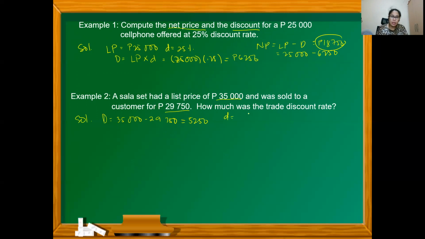So the discount rate is equal to the discount, 5,250, divided by the list price, 29,750. Then we will multiply this by 100% to convert this to percent.